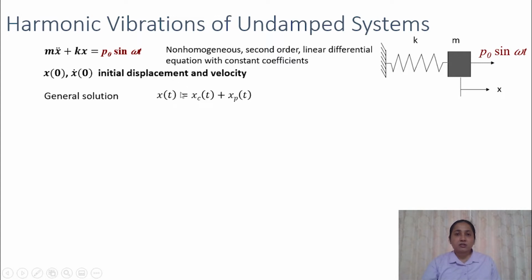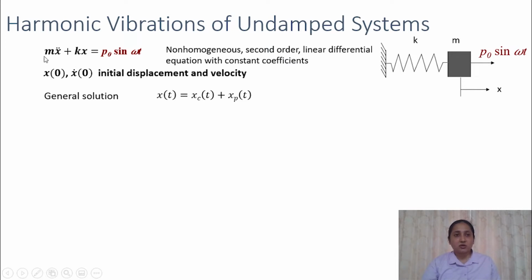And the solution of these type of equations will have two parts. One is a complementary solution and another is a particular solution. So the complementary solution will be equal to the solution of the homogeneous equation.